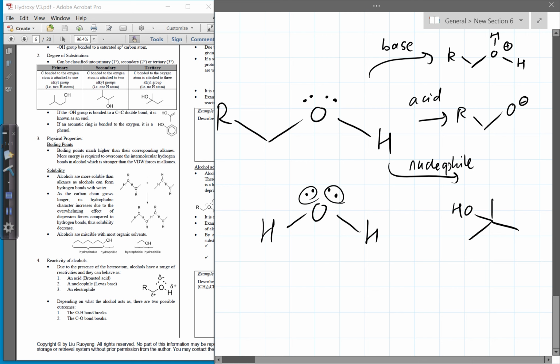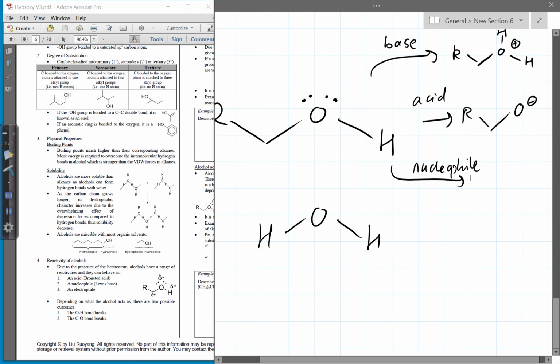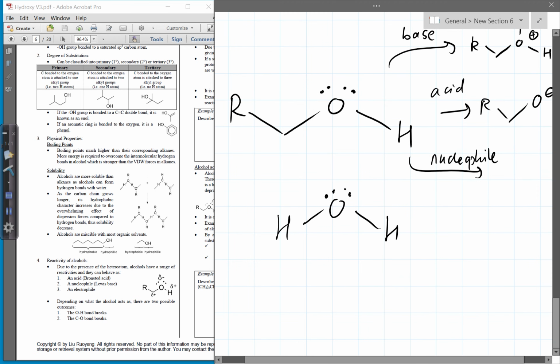Now, what else? If you think about it again, for water, you have these species. This is water. So imagine if you introduce a base, like what I mentioned just now, this can act as an acid, whereby this deprotonates it, correct?